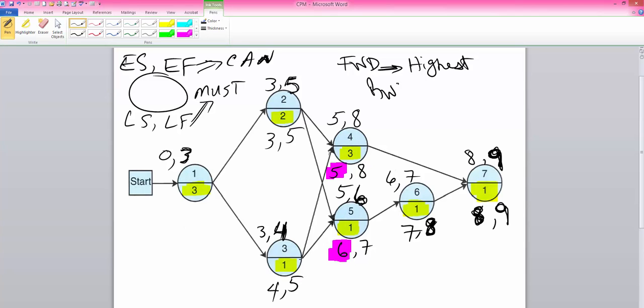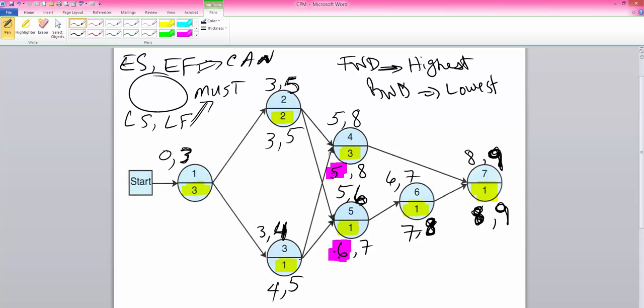In the backward pass, we pick the lowest value of latest start times when an activity has more than one successor activity.